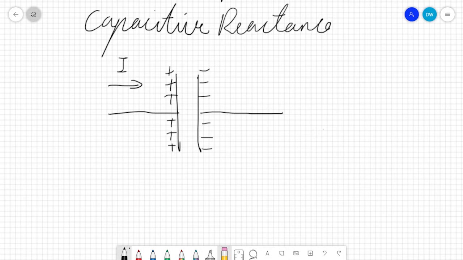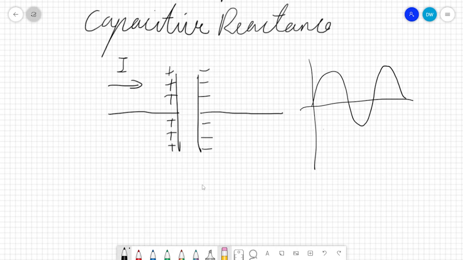Now, things get a bit different in an AC circuit, because in an AC circuit, the voltage and current change over time, as a sinusoidal wave in the ideal situation.